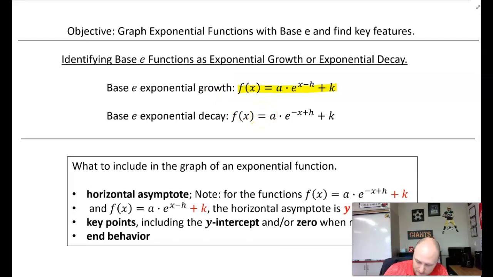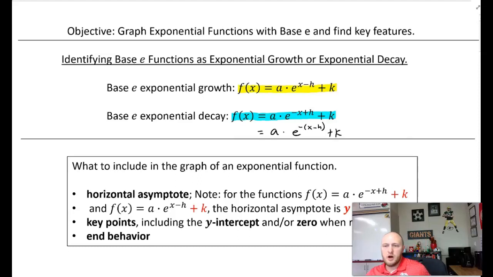Exponential decay is when we have a negative coefficient. So you'll see e to the power of negative x plus h, or in factored form, a times e to the power of negative x minus h, plus k.